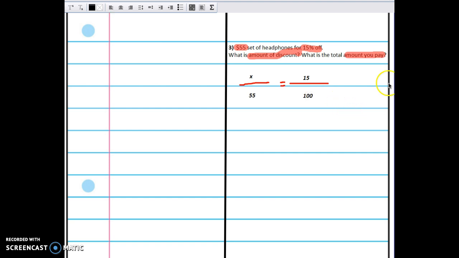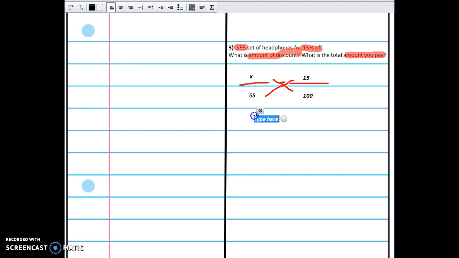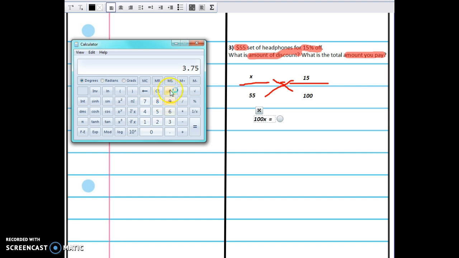So now we cross multiply. So that gives me 100x is equal to 55 times 15, which is 825.